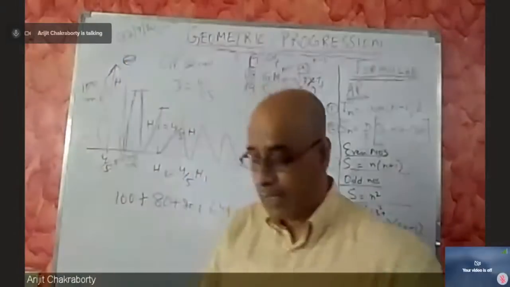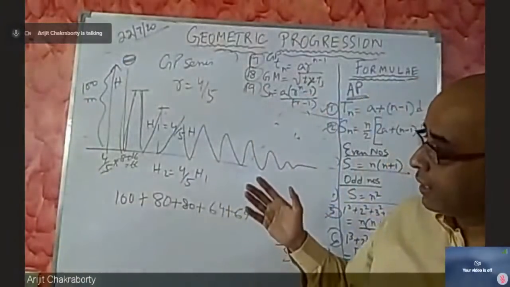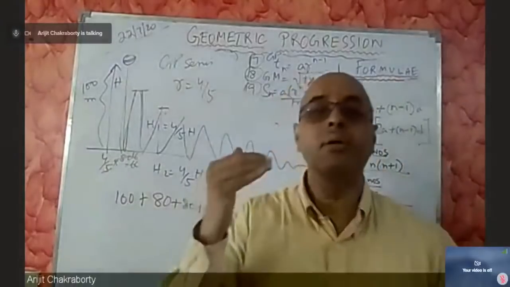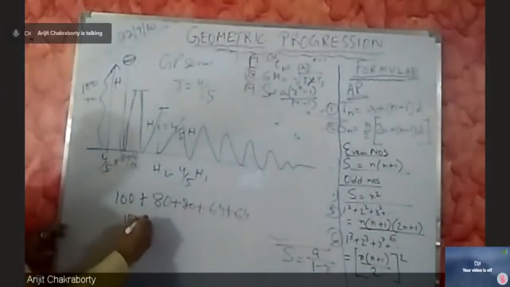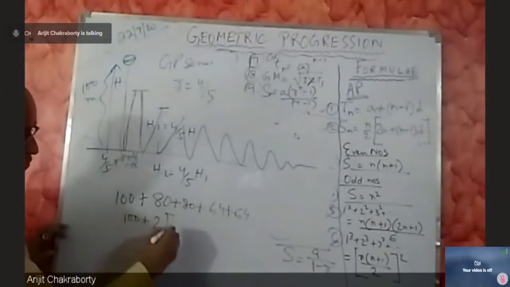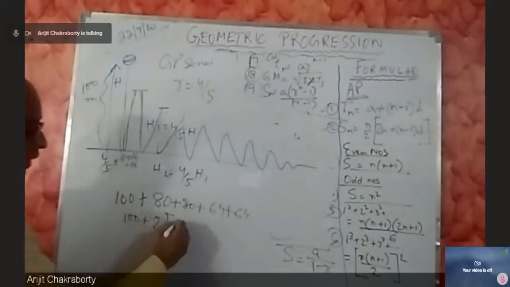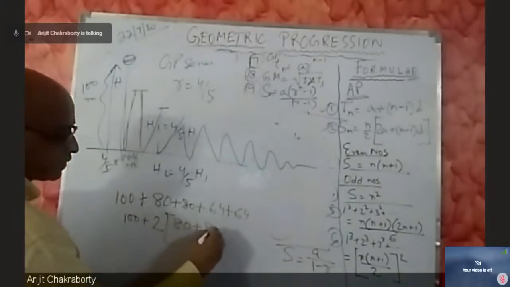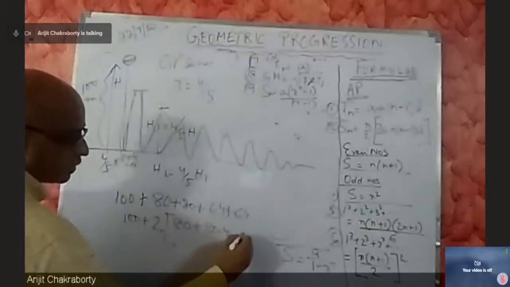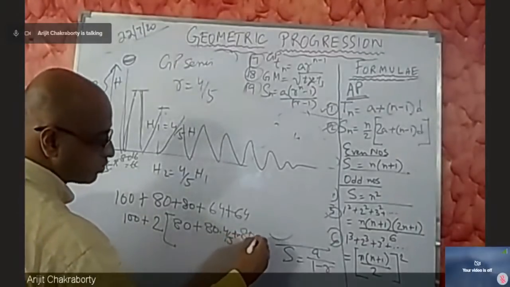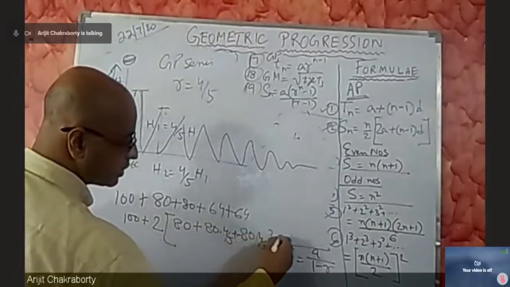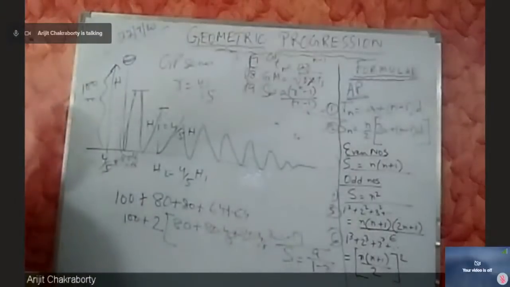I can write this in a particular form: 100 plus 2 into (80 plus 80 into 4/5 plus 80 into (4/5) squared, and so on till infinity).